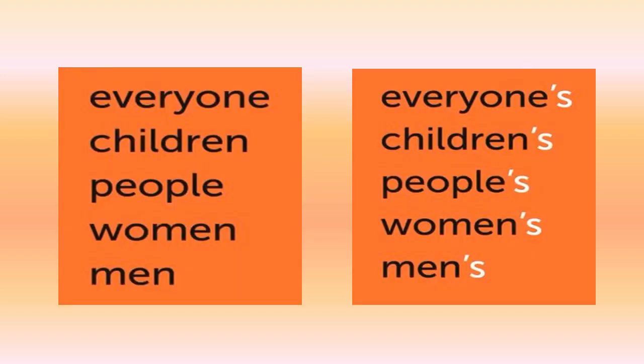However, there are some exceptions, where some plural words don't end in the letter s, such as everyone, children, people, women, men. So what happens then? If the plural word doesn't end in s, just add apostrophe s.